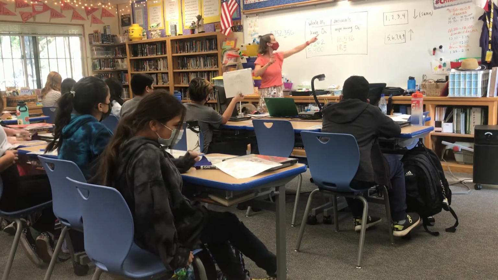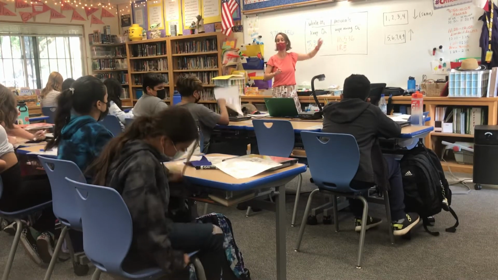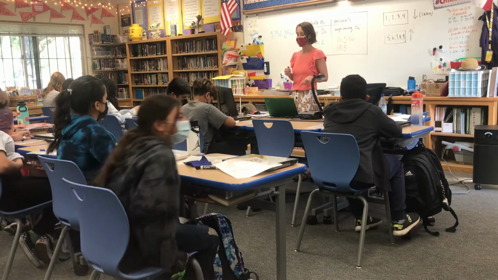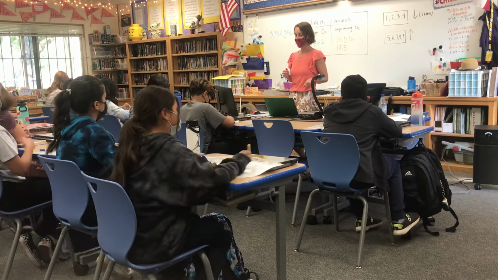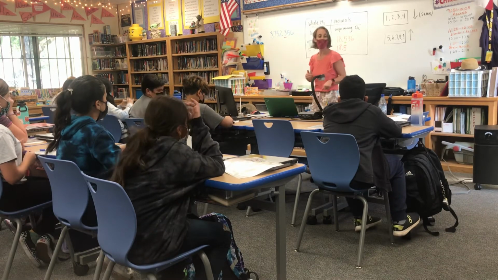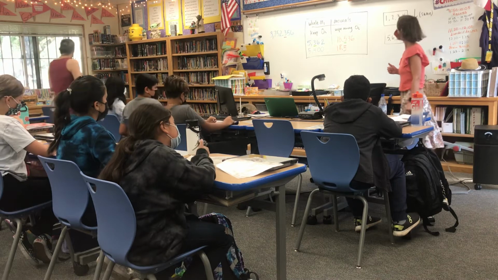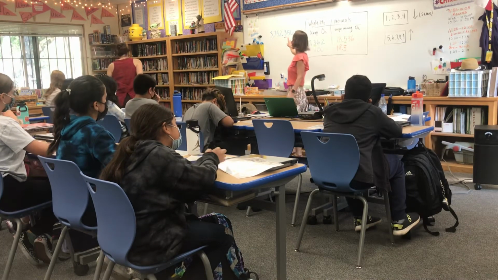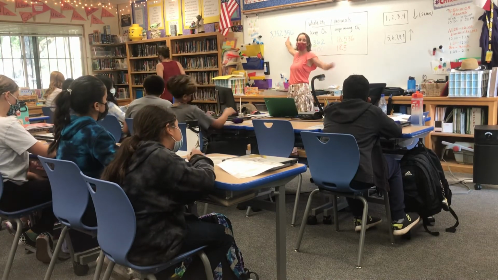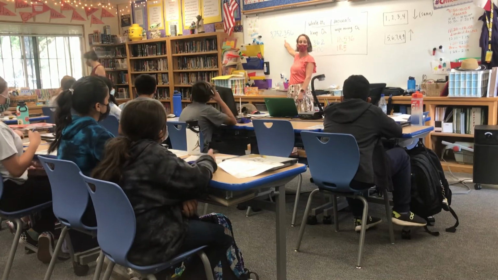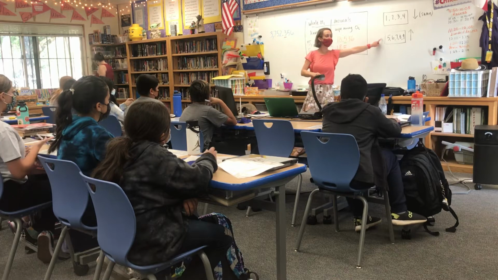Okay, Jose, what do I do with those zeros since it's decimals? Swipe them away. You got it, Jose. Let's see, Ruby. So since this digit is 5, what's going to happen to my target digit? It's going to move up, that's right.